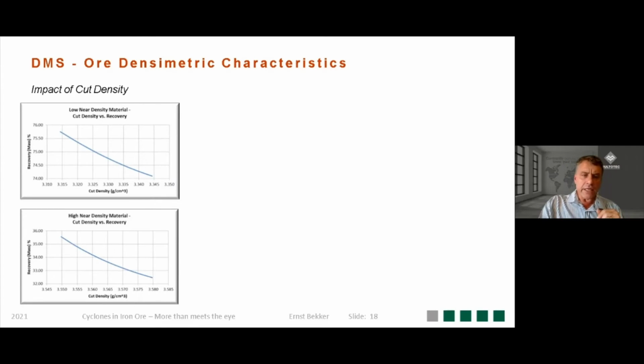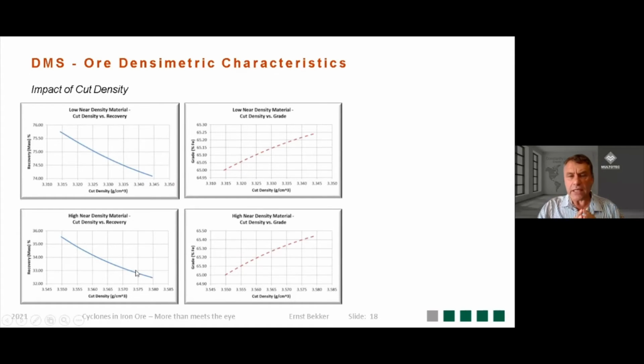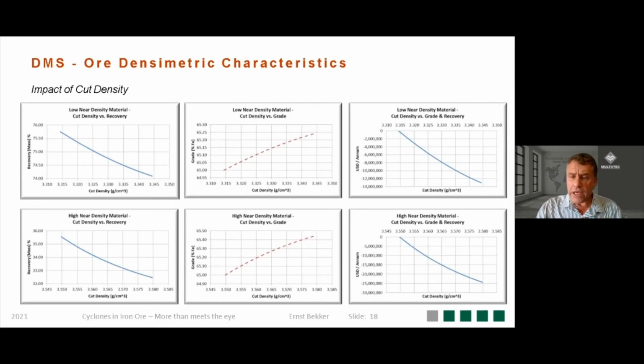On the low and high near density environments, the yield dropped just over 2% on the low near density environment, and about 3% on the high near dense environment. That is the change in quality: on the low near dense environment, a 0.25% iron content change, and on the high near dense environment, a 0.4% change.